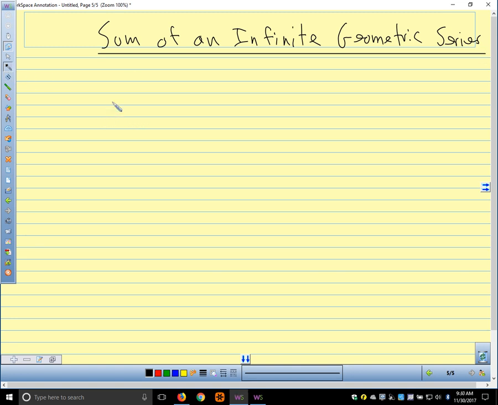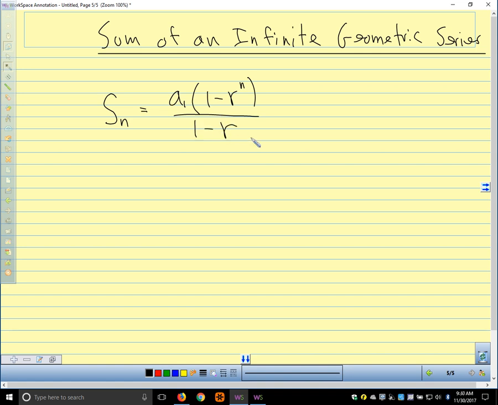All right, so we said that our nth partial sum, the formula we came up with, was a1 times 1 minus r to the n over 1 minus r. And we saw that if r was, for example, in the problem we did, r was 3, geometric sequences grow very quickly.